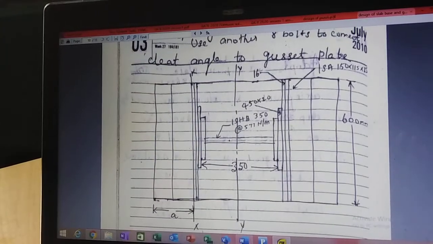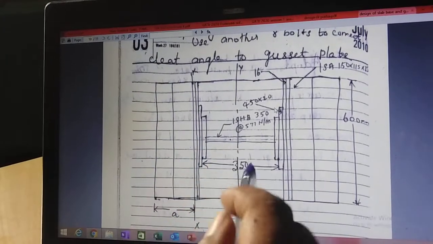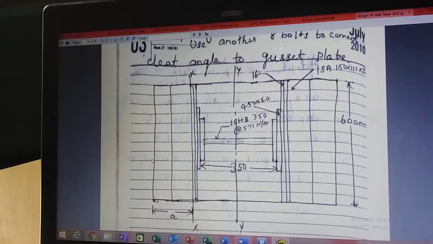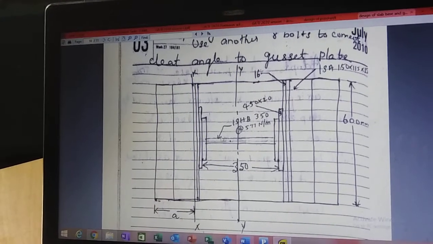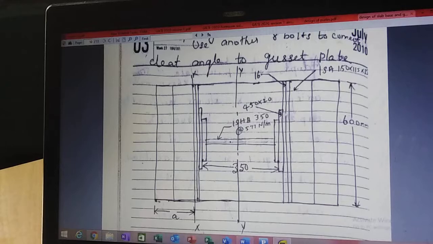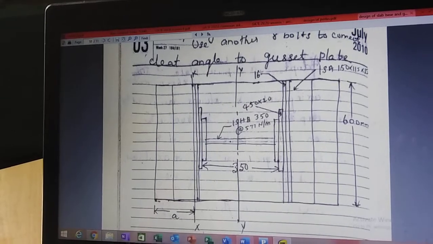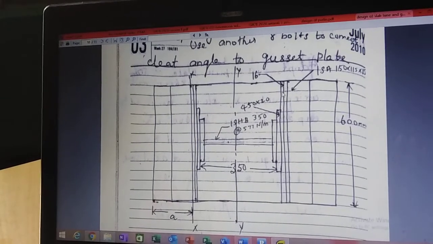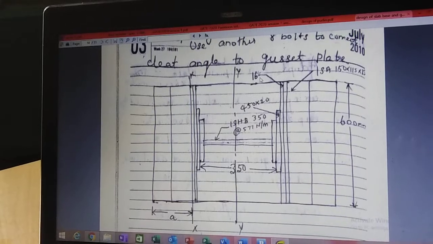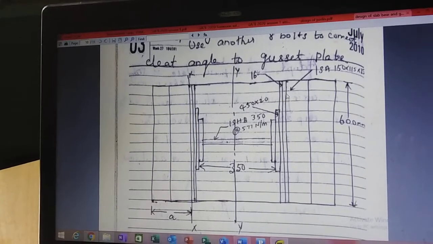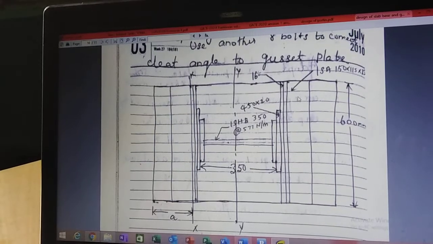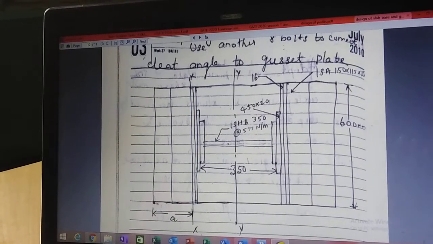This plan view shows clearly the details. This is the built-up column, the built-up column cross section, I section with plate 450 into 20 mm, and this one shows the gusset plate having the thickness of 16 mm, and this is called the gusset angle. This is the connected leg, this is the unconnected leg, this is the base plate.